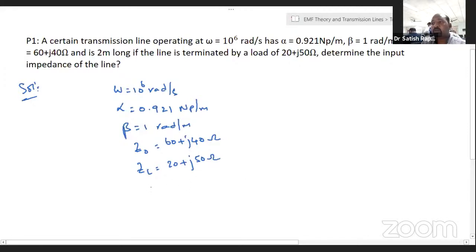And we need to determine the input impedance.